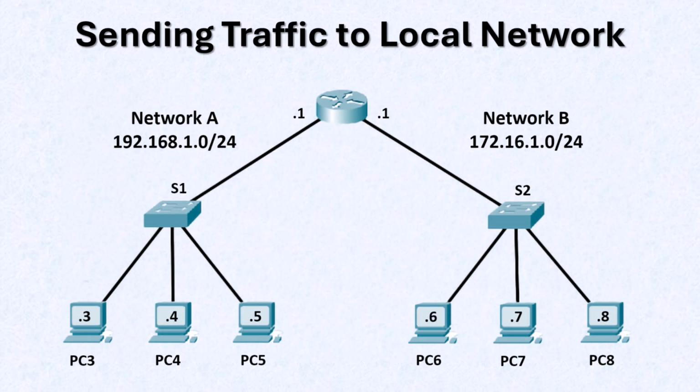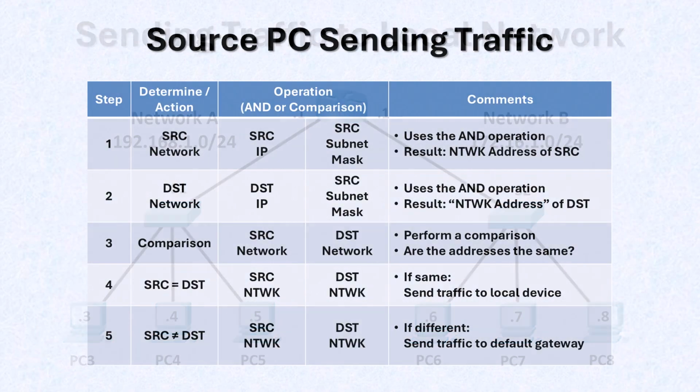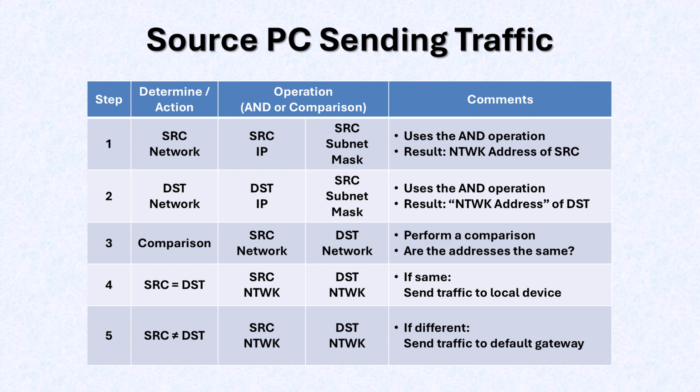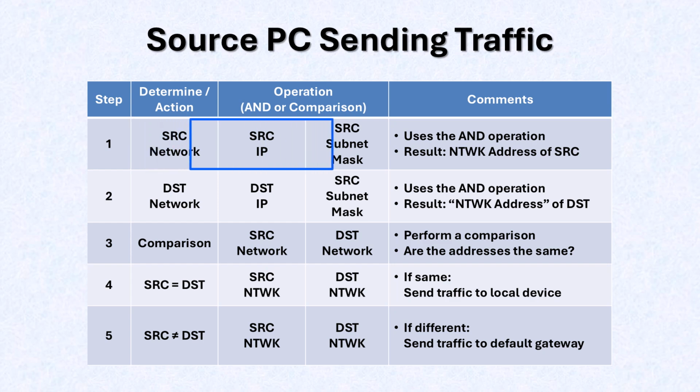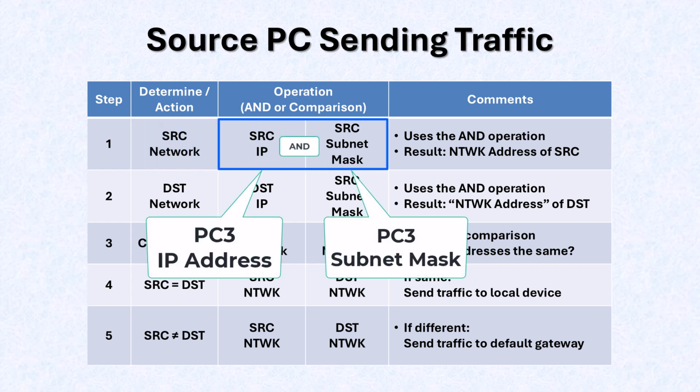In this topology, PC3 is the source, or sending device. When it sends traffic, first it needs to determine its network address. It does this by performing the AND operation between its IP address and its subnet mask.